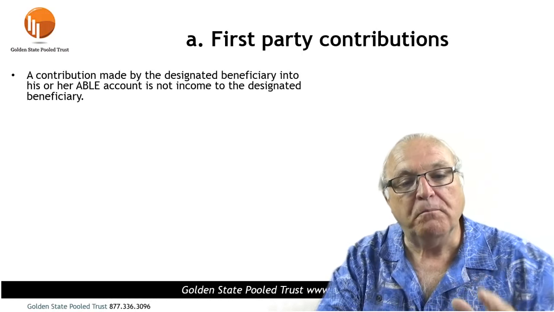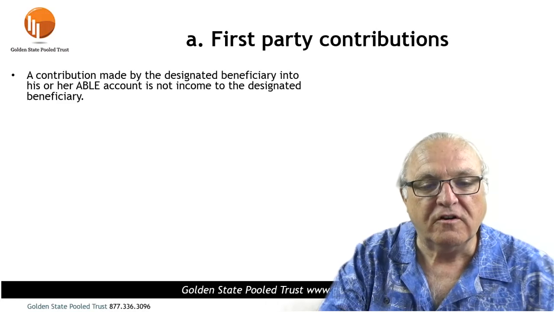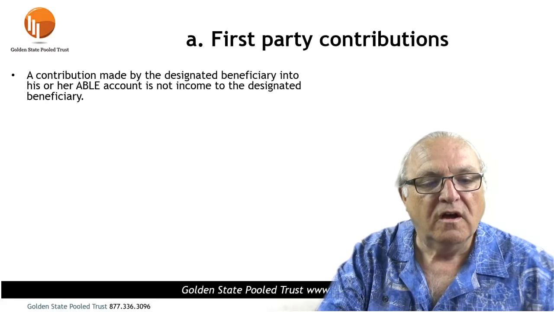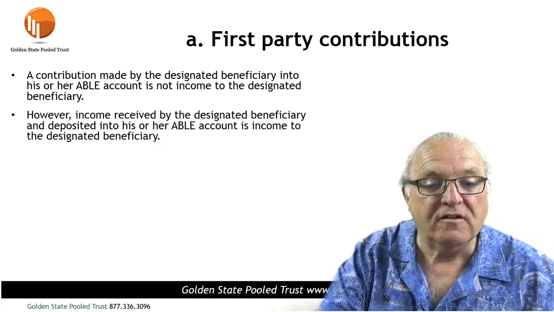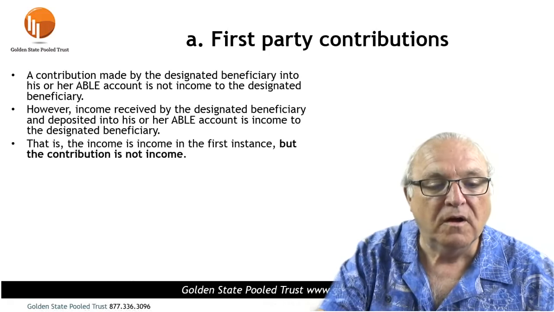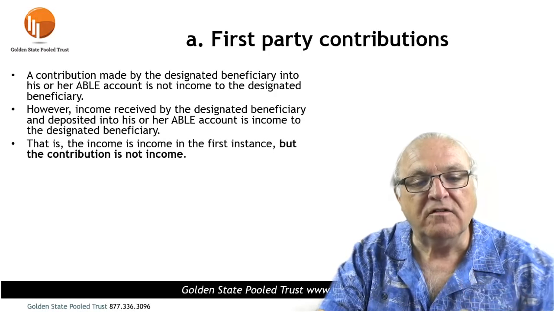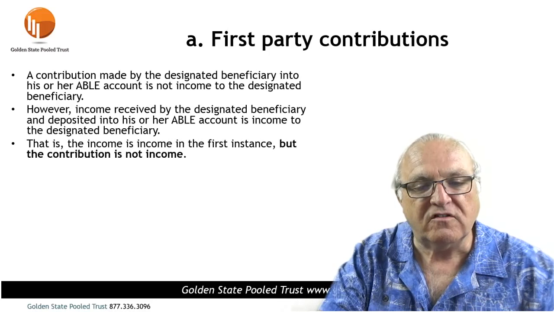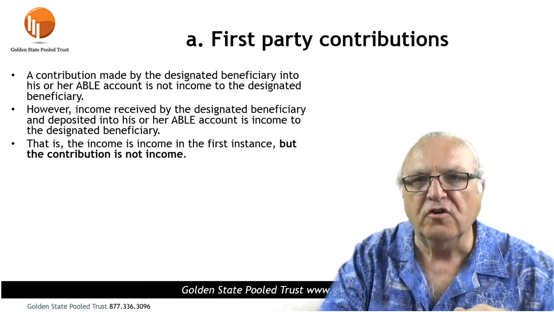A contribution made by the designated beneficiary to his or her account is not income to the designated beneficiary. However, income received by the designated beneficiary and deposited in the ABLE account is income. That is, the income is income in the first instance, but the contribution is not income.